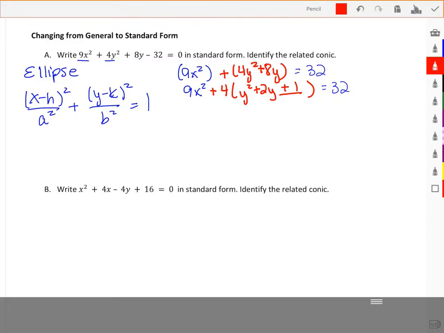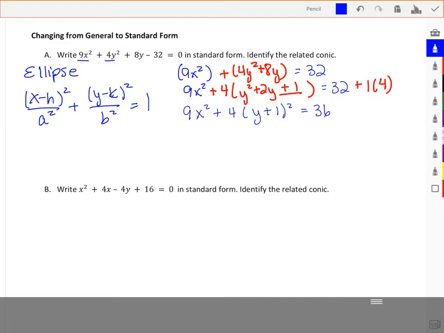So plus 1 there, and plus 1 times that 4 that we pulled out. After you complete the square, you always factor into y plus 1 squared equals 32 plus 4 is 36.